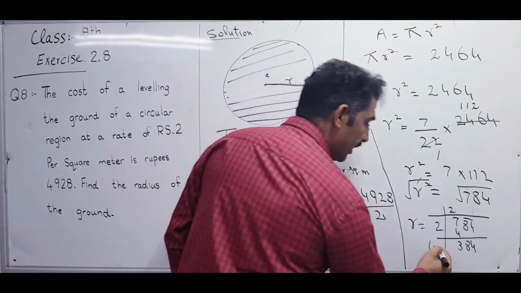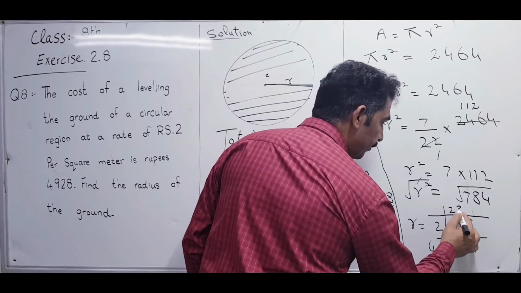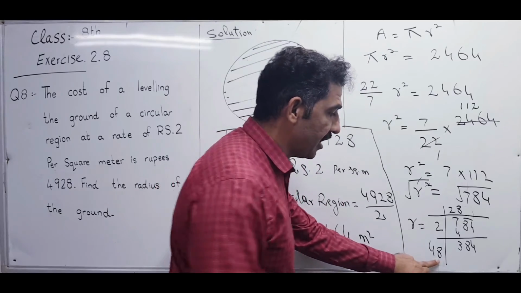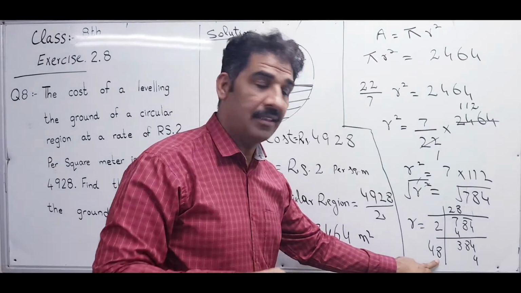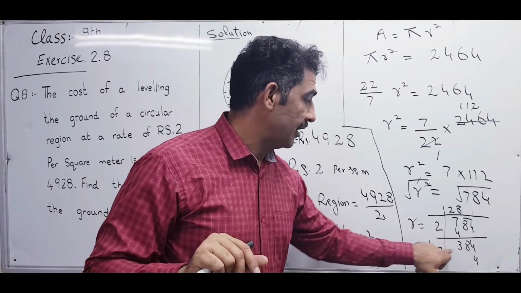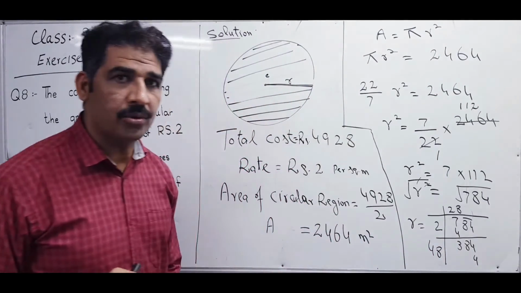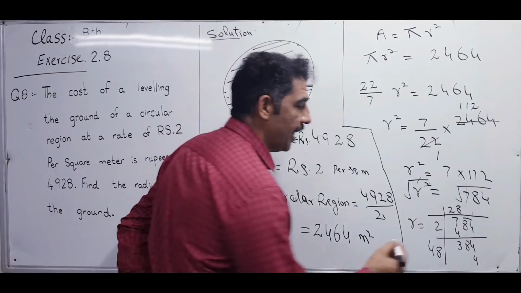So we have to use that 8. 8 eights are 64. How much remaining? Carry 6. Then 8 fours are 32. 32 plus 6, 38. Good.